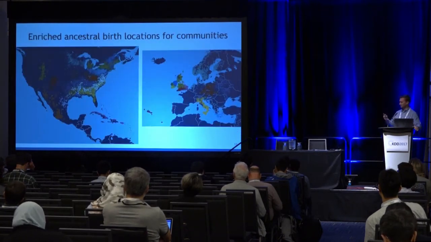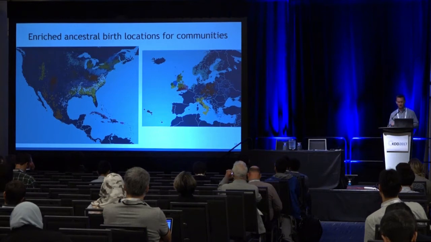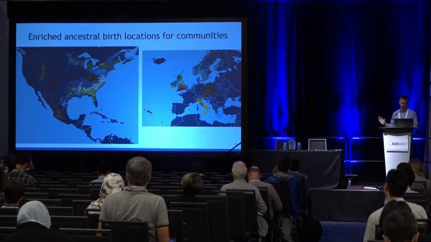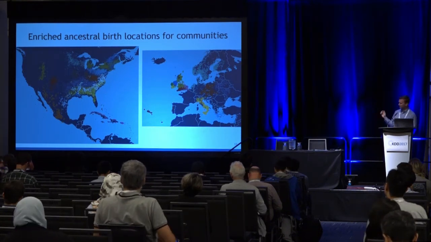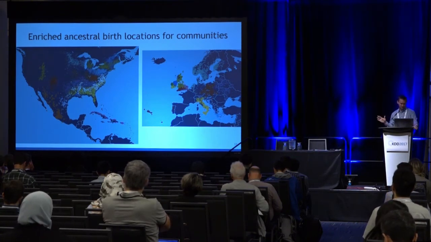So here's just kind of a big overview of some of the patterns that we've been able to find in our network as we found these structures genetically and then looked at the annotating birth location data. One comment that we get a lot is this east to west pattern across the United States. On the far right, you can see that kind of a rainbow shape.